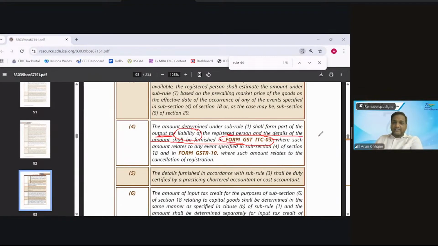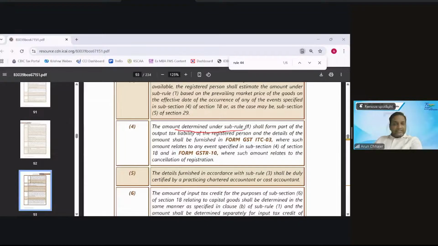Now try to understand. ITC 03 is the reversal of ITC. Amount determined under sub rule 1 shall form part of the output tax liability, and the details of the amount shall be furnished in the ITC 03 where such amount relates to any event specified in 18.4, and in GSTR 10 where such event relates to the cancellation of registration.